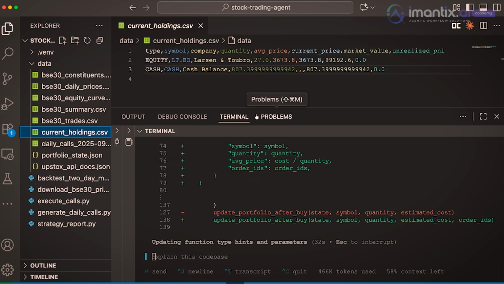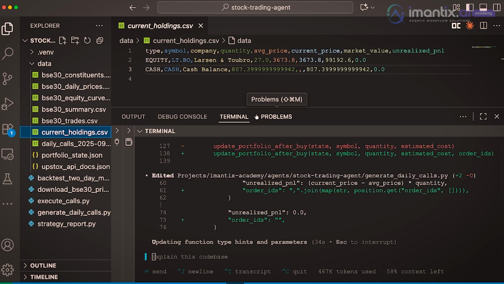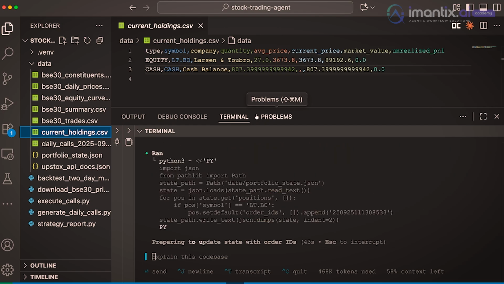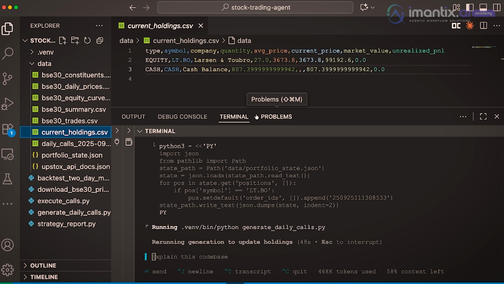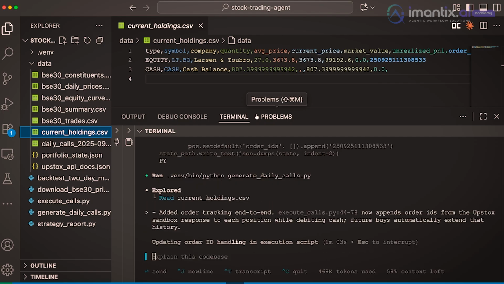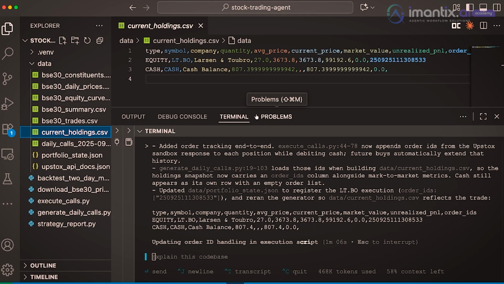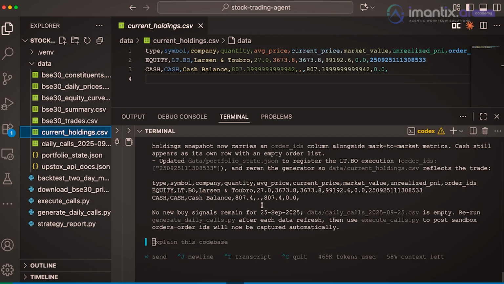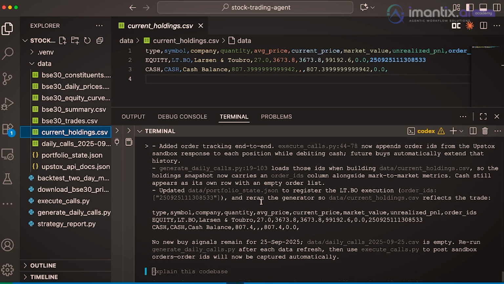So we have 27 shares of LNT. Only problem in Upstox is we can't check the holdings on Upstox. Hence, we'll be maintaining this in our own file. So we can schedule this to run on a daily basis, so that it just keeps doing these trades, and we can verify whether our strategy is generating any revenue or it is just losing money, and we end up exiting because we exhaust all of our funds or whatever.